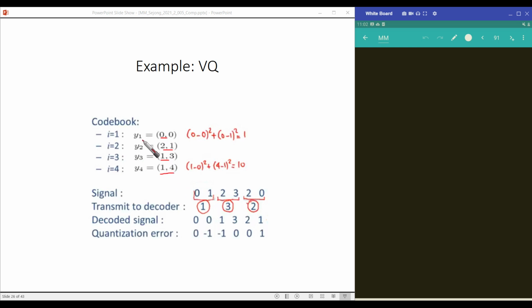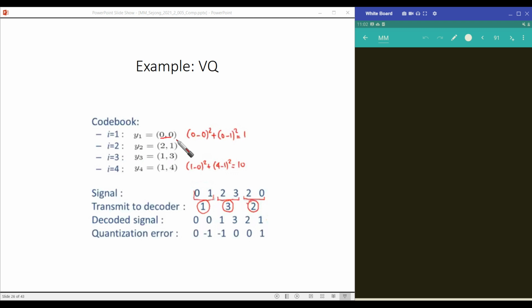So these four code words form a code book. Either way we can consider, it doesn't matter. You can also see that in this example we are using vectors of dimension 2, so we are considering two-dimensional vectors. At each vector we have two samples.